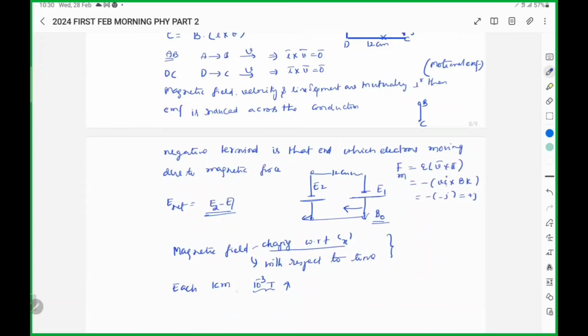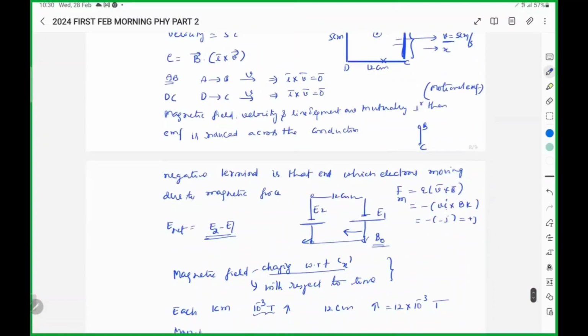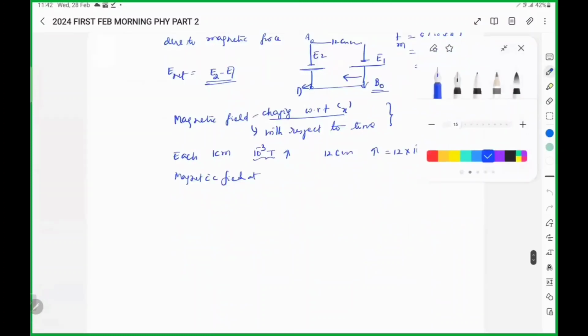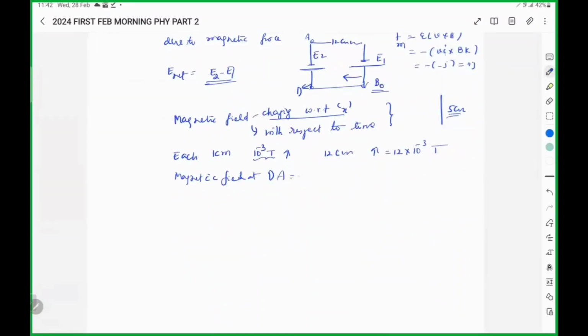For 12 centimeters, increase will be 12 into 10 power minus 3 Tesla. That means magnetic field at A is B naught plus 12 into 10 power minus 3.